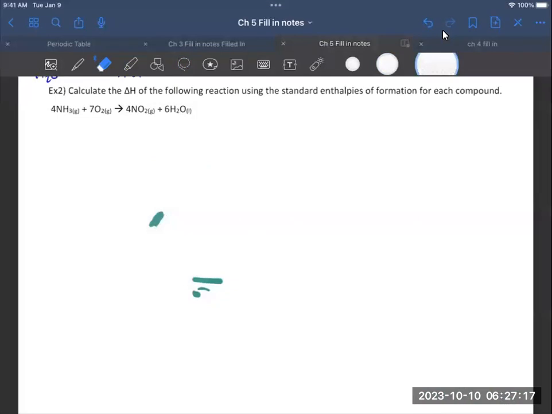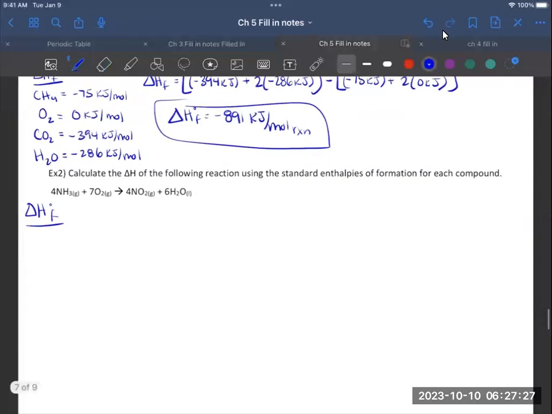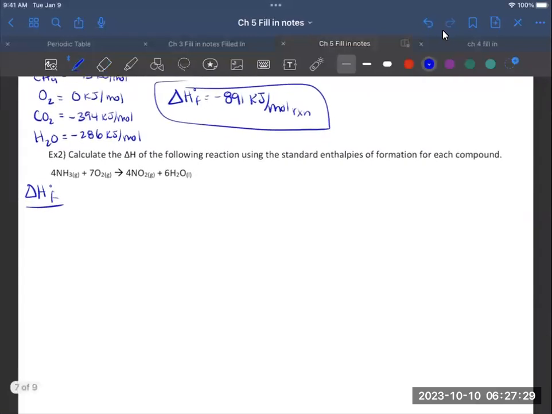Okay, so let's look at this next example. Again, we're going to do the same thing. We're going to look up our delta H of reaction, or I'm sorry, formation for each of these compounds. So let's see. All right, we've got to have NH3, O2, NO2, and H2O.